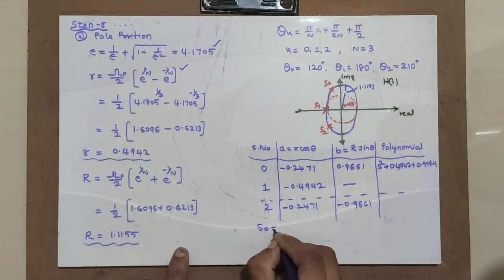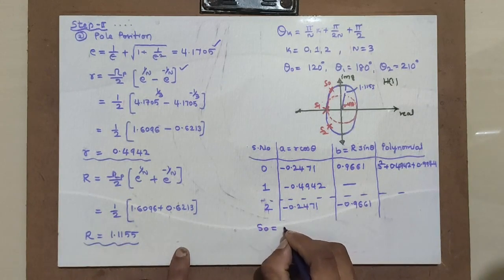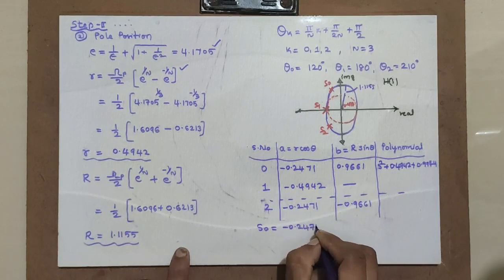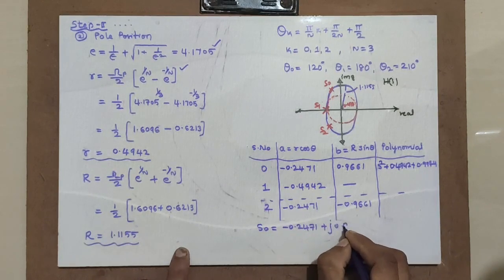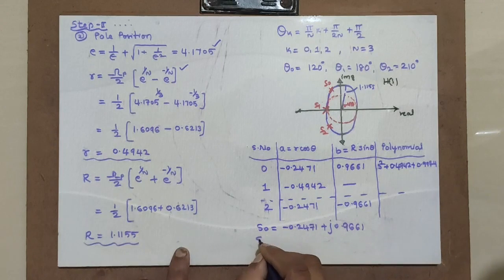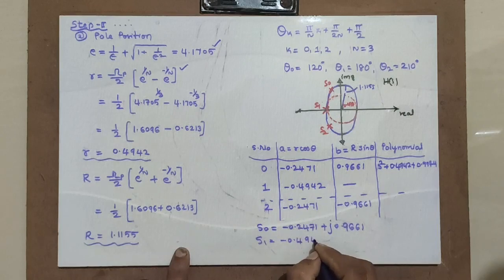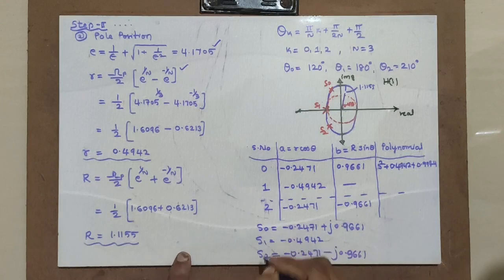S0 is equal to minus 0.2471 plus j 0.9661. S1 is equal to minus 0.4942. S2 is equal to minus 0.2471 minus j 0.9661. We got all the pole positions. At the end of this step you got all the pole positions.